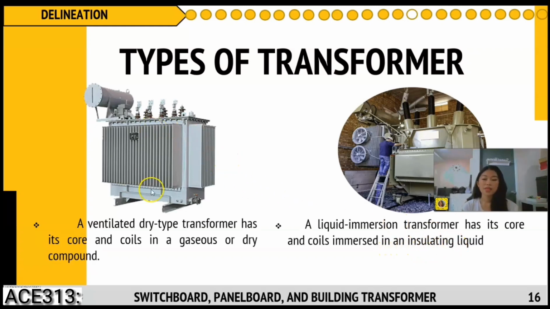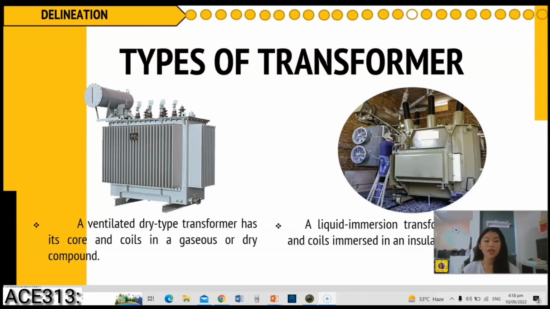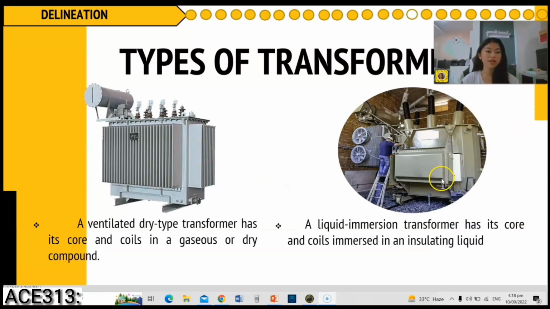So this one represents the actual picture of a small transformer, and this one is the photo of an actual larger transformer, since this one is gaseous or air cooled, and this one is liquid.